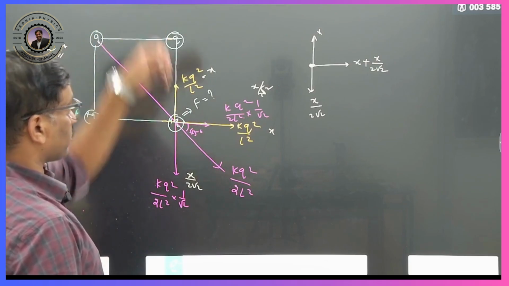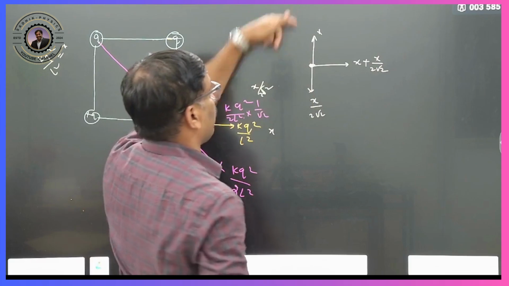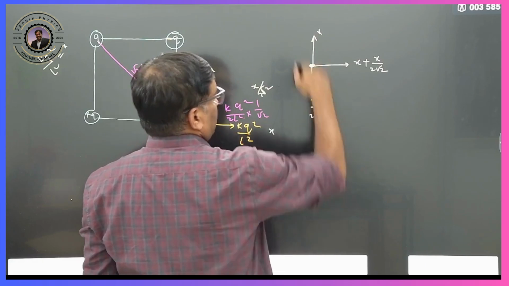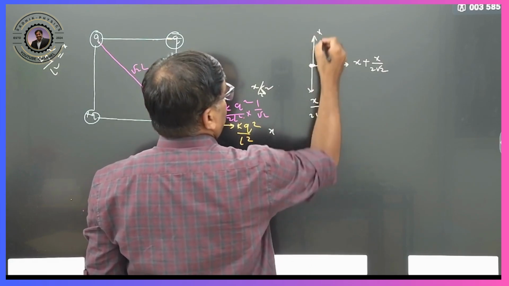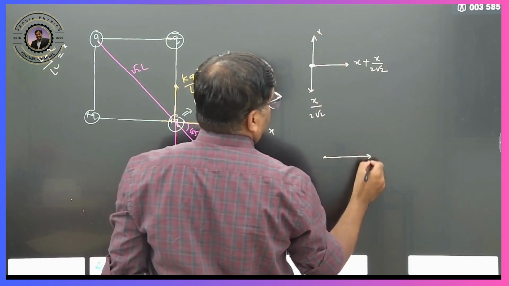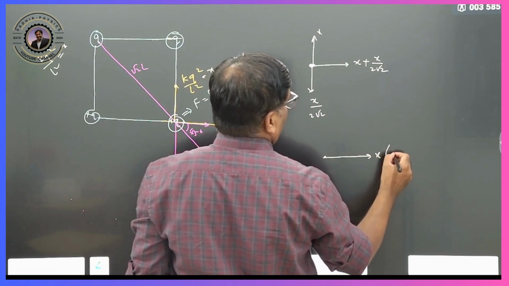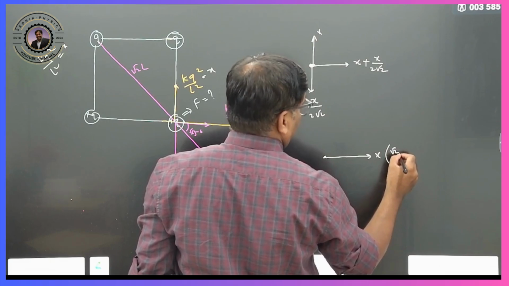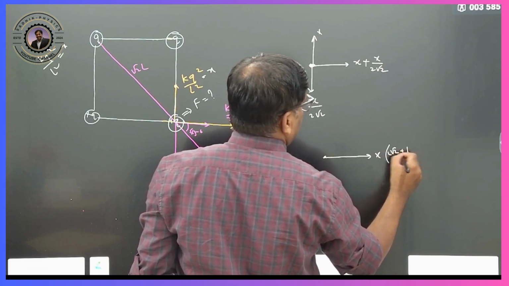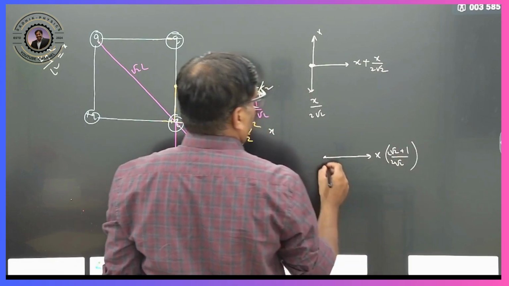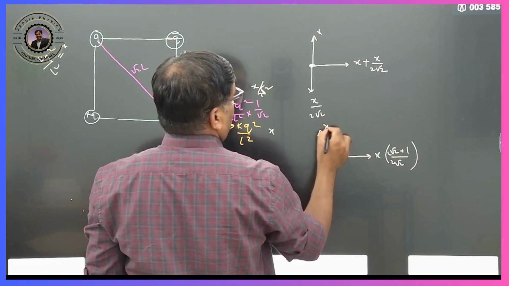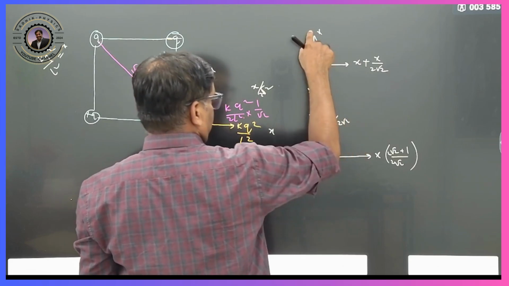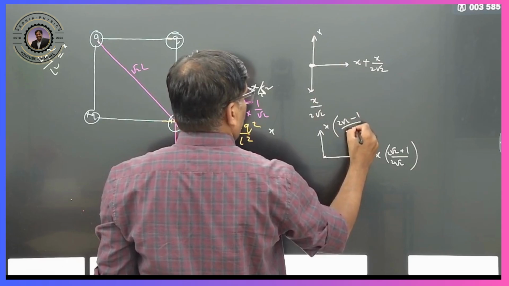Now this x by 2 root 2 is smaller, therefore you can rewrite it like this. So x taken common, therefore 1 minus 2 root 2, 2 root 2 minus 1 by 2 root 2, clear?